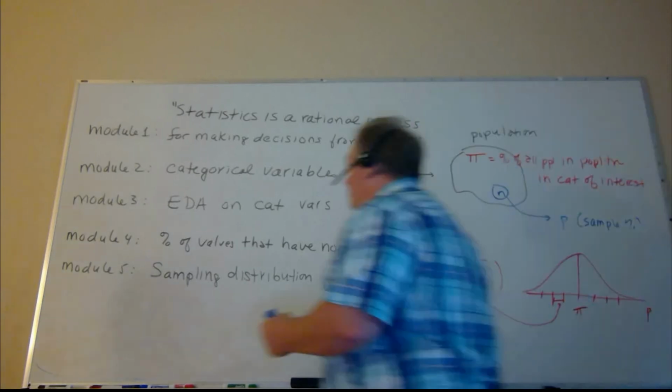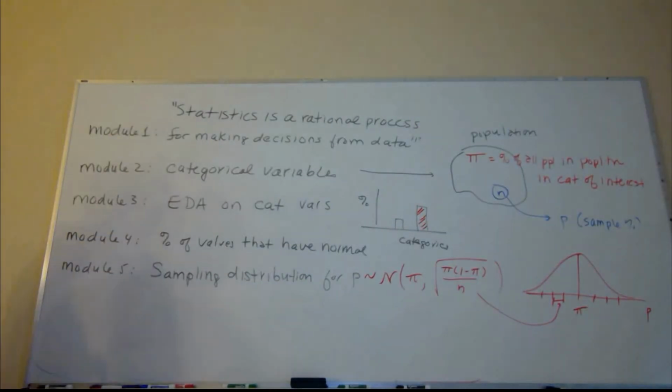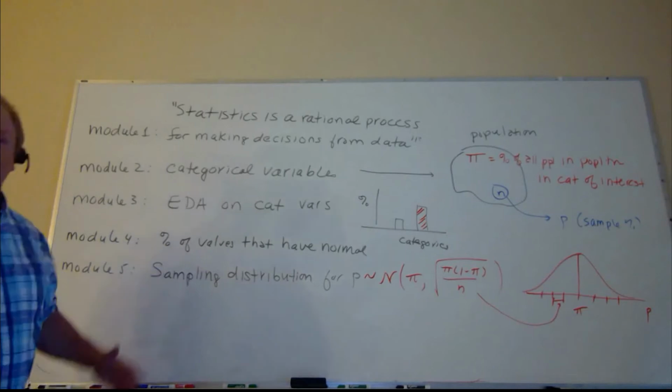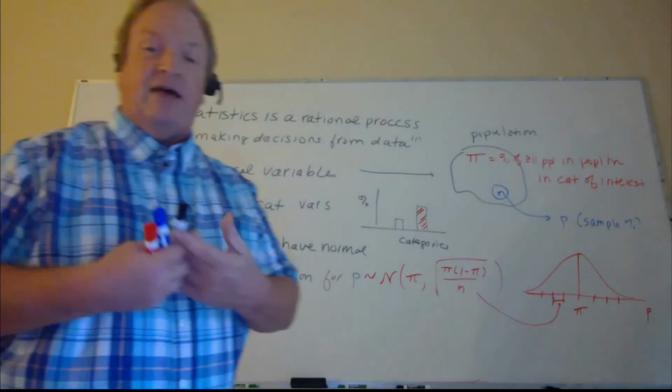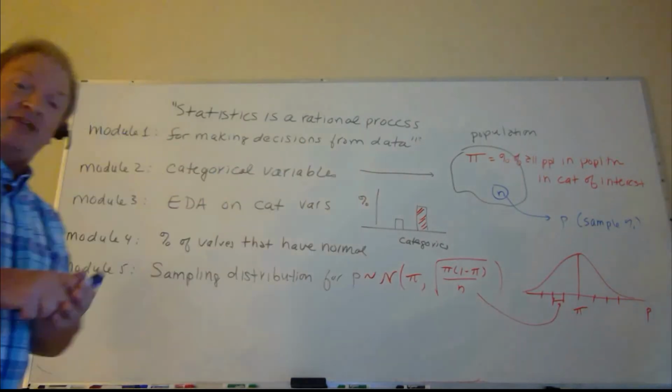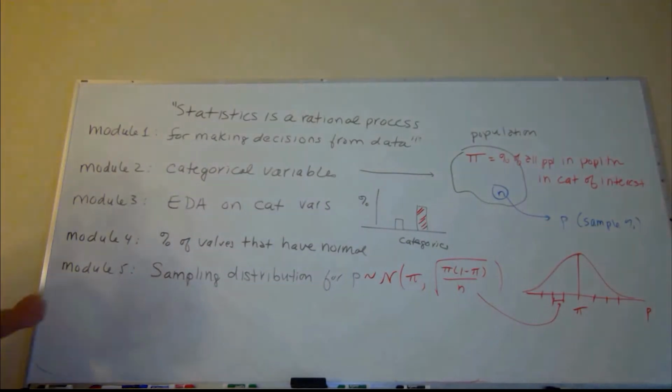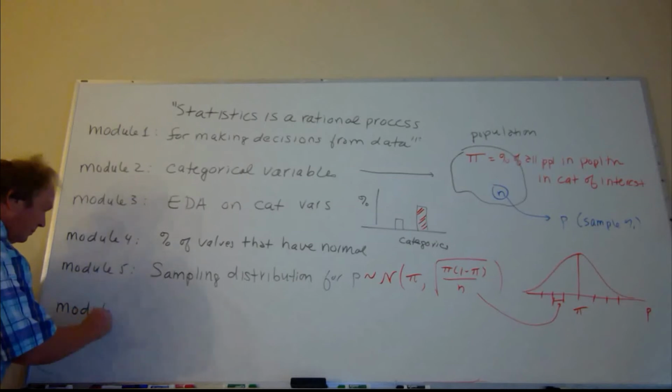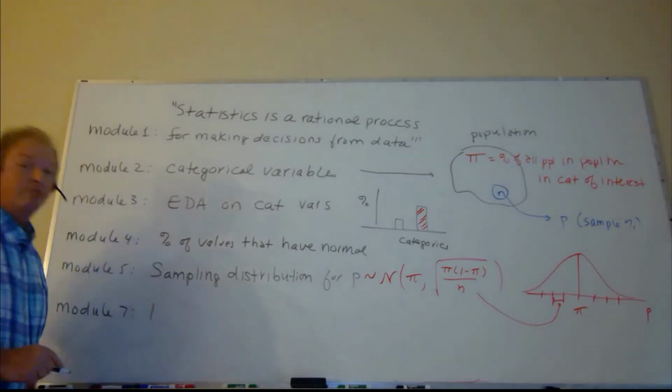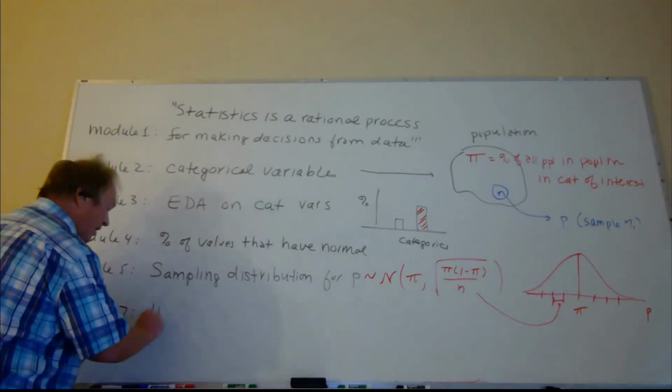And then we saw in Module 7 how to make decisions. Once we had all this information, we put it together in Module 7 and talked about hypothesis tests. I'm going to use the abbreviation HT for hypothesis tests.